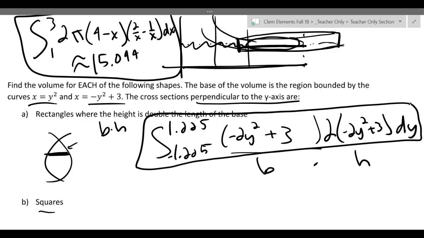It's going to be negative 2y squared plus 3, times 2, and negative 2y squared plus 3 dy. Okay, that becomes about 23.515.